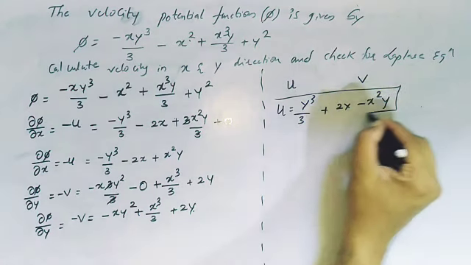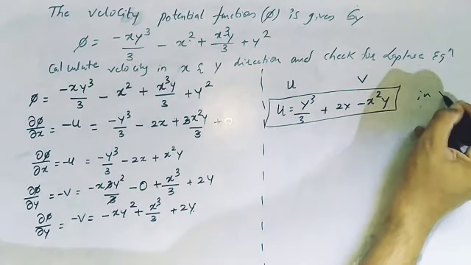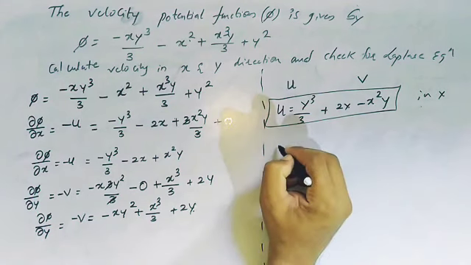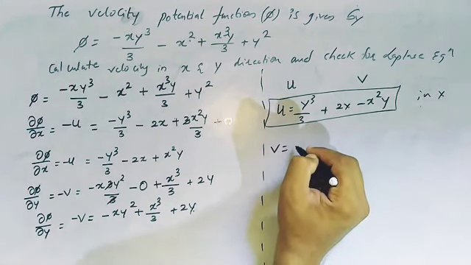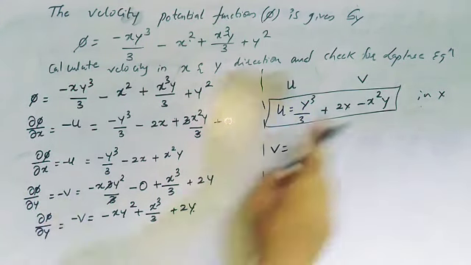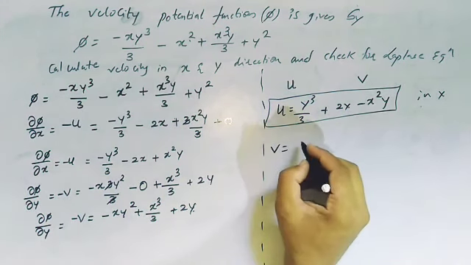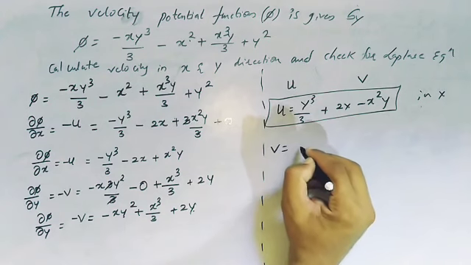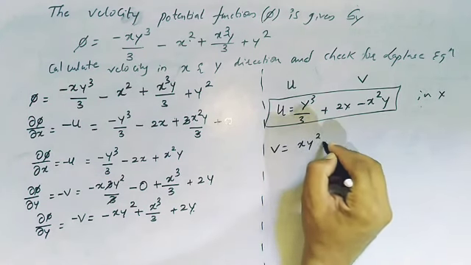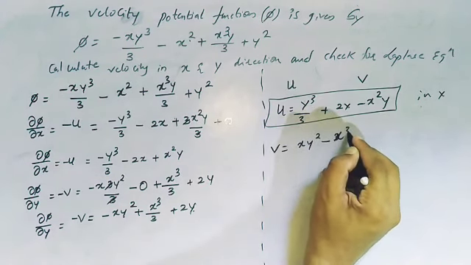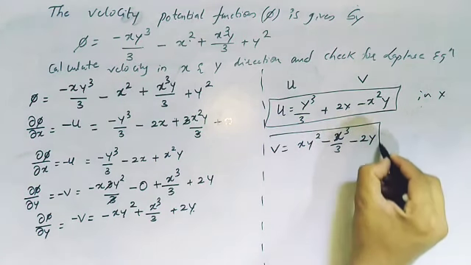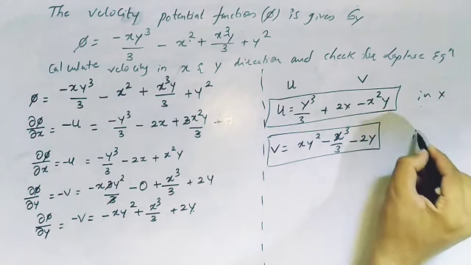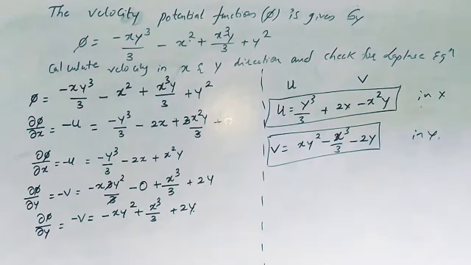This is the velocity in x direction. Similarly, for the v component, the velocity in y direction, I again multiply by minus 1 on both sides, so I will get x y square minus x cube by 3 minus 2y. This is the velocity in y direction.